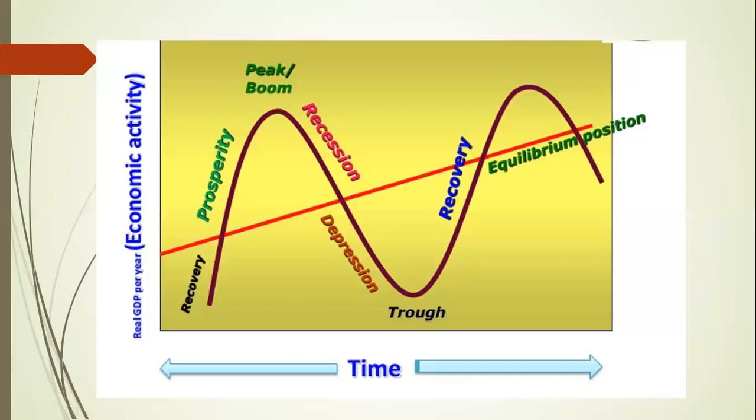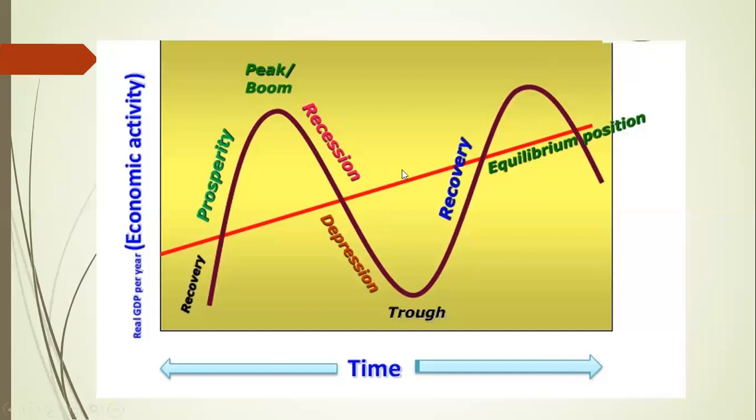Then slowly the aggregate demand will come down, and recession will start. And during recessions people will start losing their jobs, production will come down, and government will take some actions to recover from recession. They will reduce the interest rates so that people take loans from the bank and they can start their operations once again.